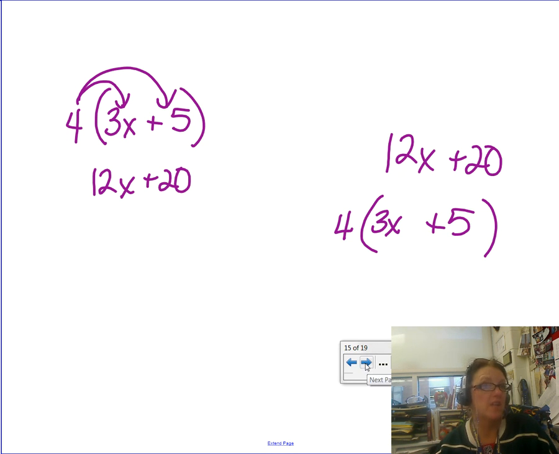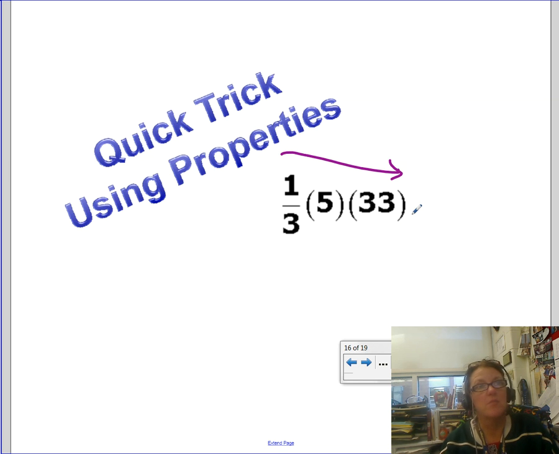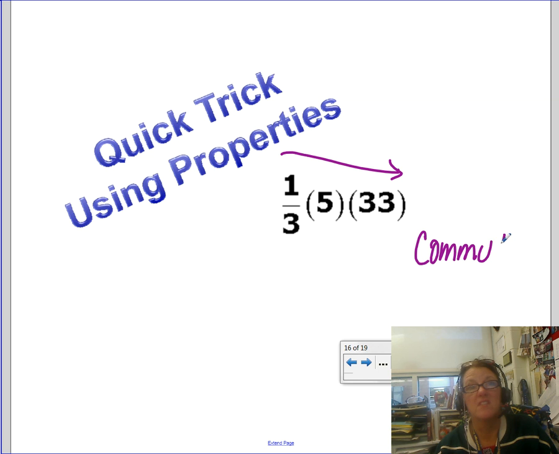All right, well, here's what's happening today. Let's take a look at some of these examples now. 1/3 times 5 times 33. Now, order of operations says, yep, you should just go left to right. But you know what? Now that I know these properties, let's make use of the commutative property to say, I would really rather take 1/3 times 33.